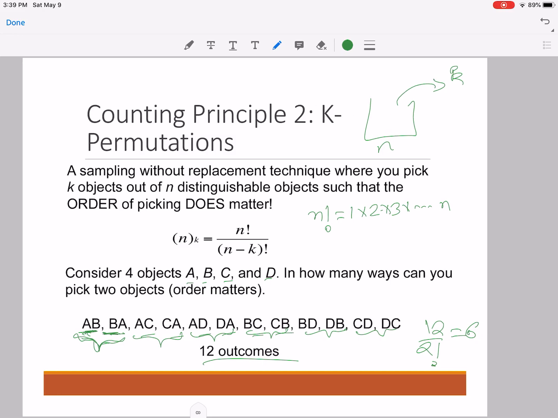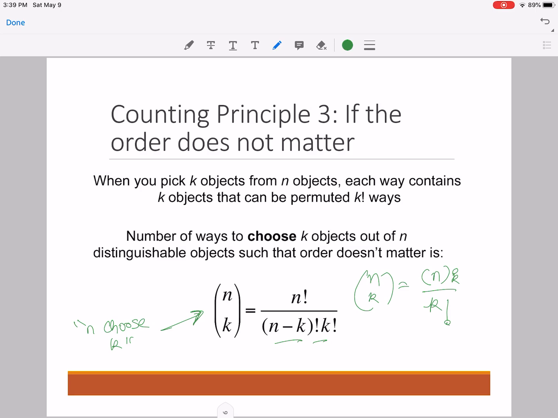I can get 6 outcomes if I were to choose those 2 objects out of 4 objects without replacement such that order doesn't matter. Mostly in probability theory, whenever we deal with problems pertaining to, let's say, card problems or choosing balls from a bag, we will be using counting principle number 3 because usually we do not worry about the order. For example, if I were to have a shuffled deck of cards and I'm interested in picking out 4 red cards, the order shouldn't really matter here because all the red cards are technically the same for me.